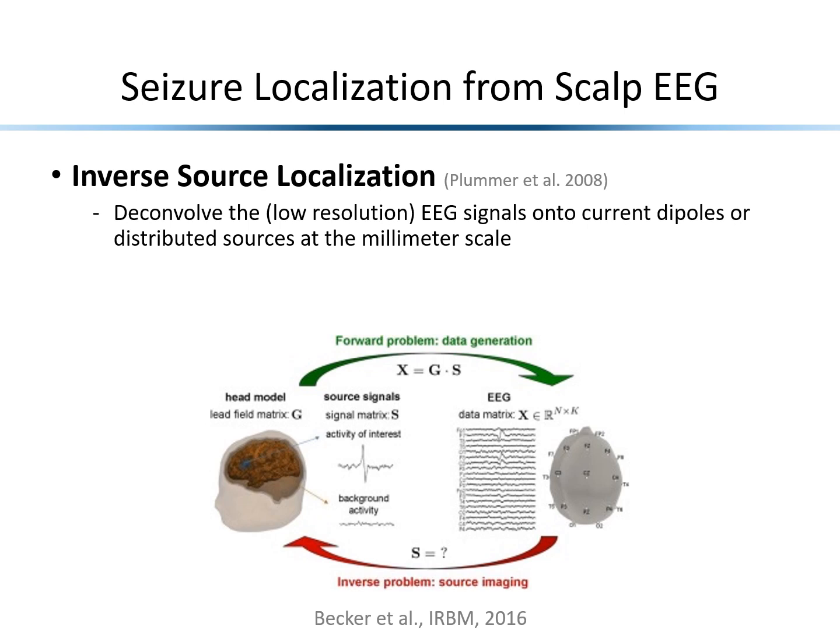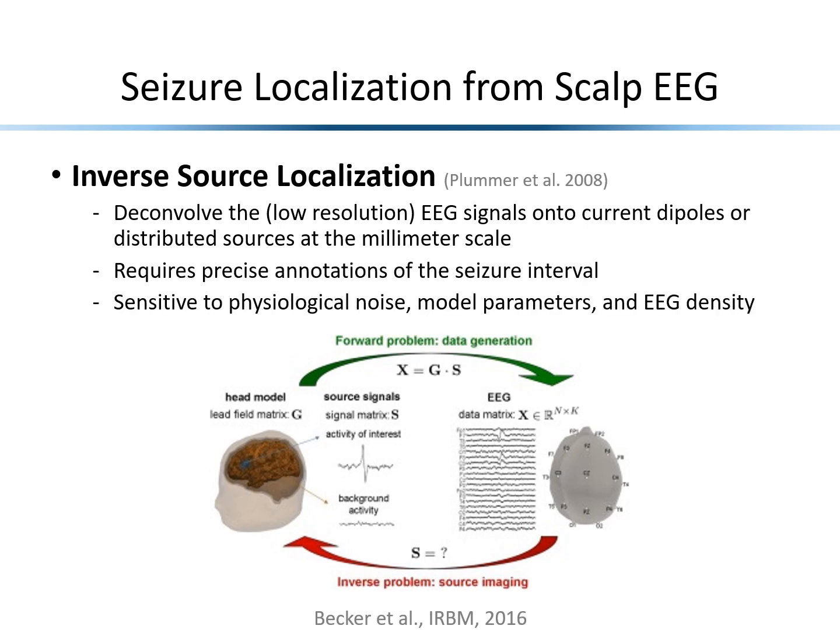Now, seizure localization using scalp EEG takes a different route, and it focuses almost entirely on trying to improve the EEG spatial resolution by deconvolving the EEG signals, which could be 10 to 40 across the scalp, onto a set of current dipoles or distributed sources at the millimeter scale in the brain.